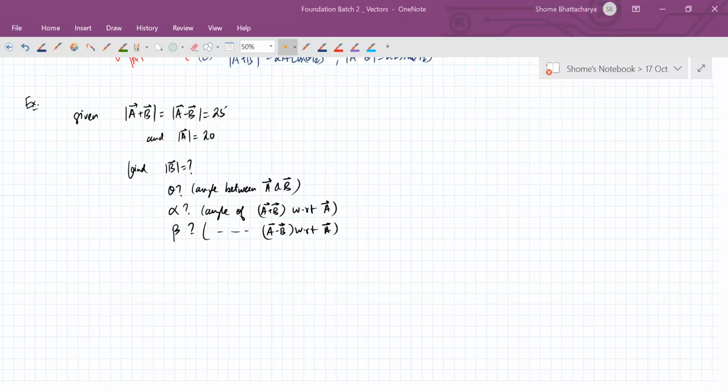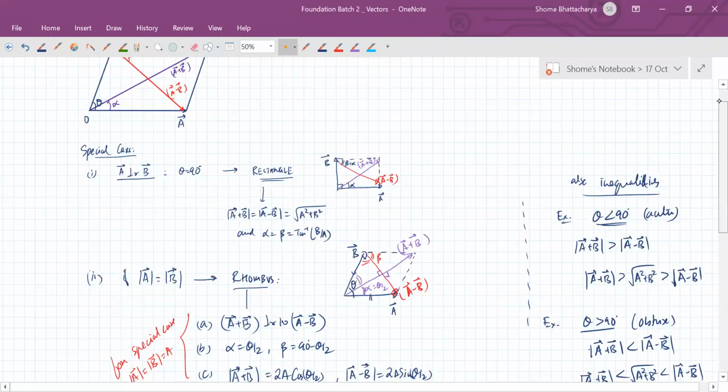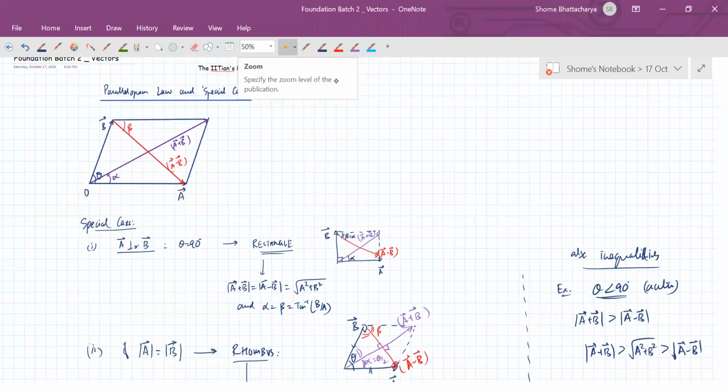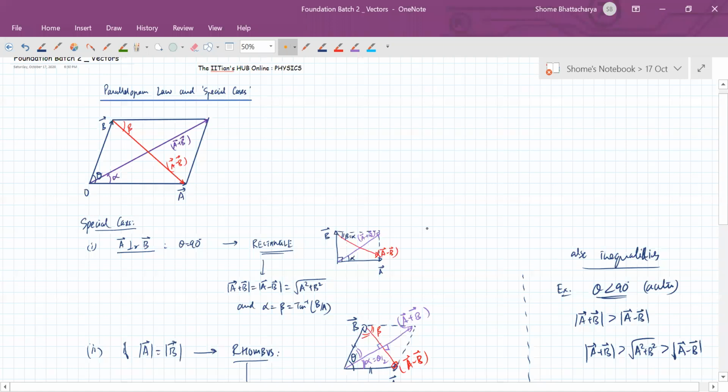Yes, very good, Deep. That's correct. So, Siraj, just for your benefit, I'm showing you the part we were going through a moment earlier. This is a recap of what we discussed in the last lecture, parallelogram law and its special cases.